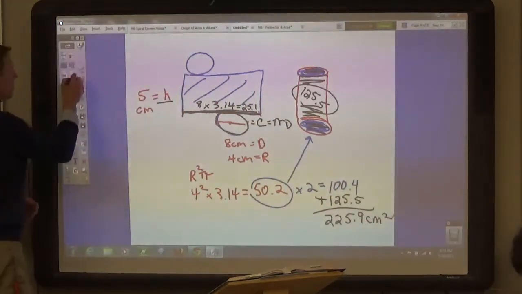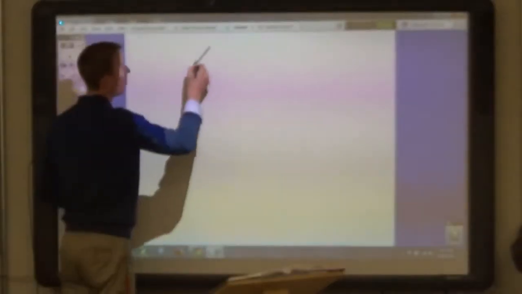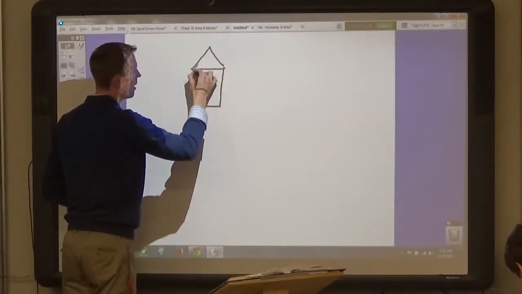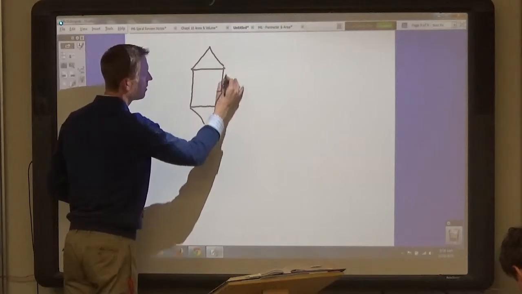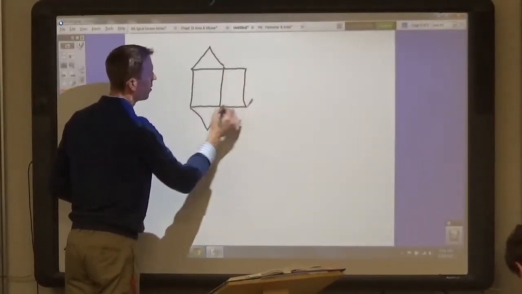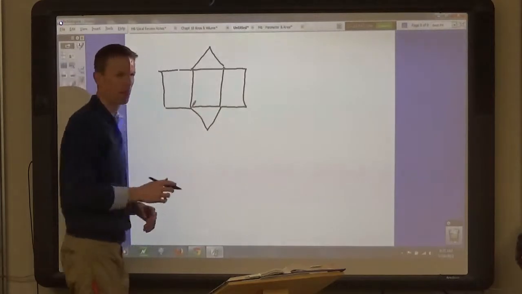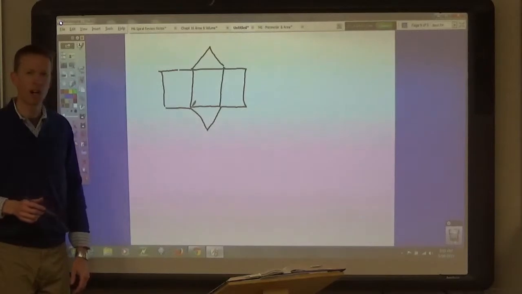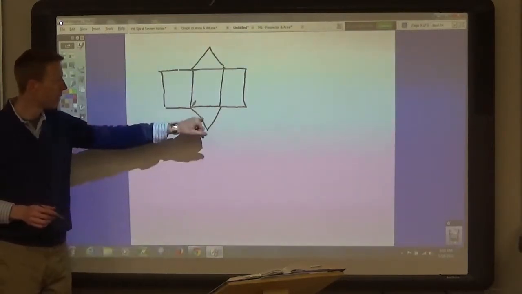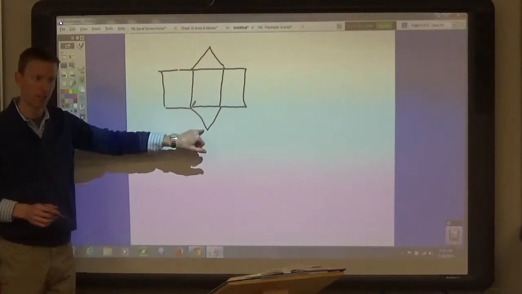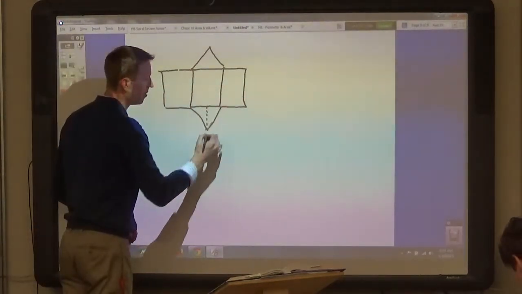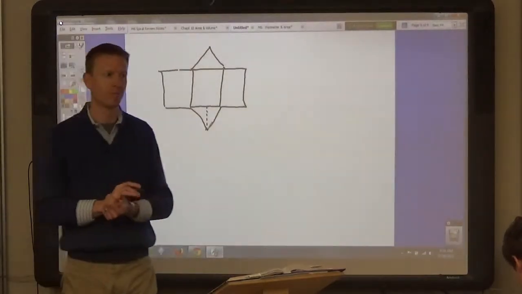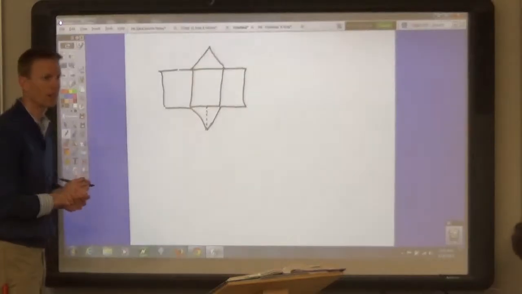Okay? Now, one more that you have to know. We've already covered this one. But instead of a square base, what if you have a triangular prism? Okay? If you have a triangular prism, then instead of finding the area of squares here, how would you find the area of a triangle? Not for a prism. I know.